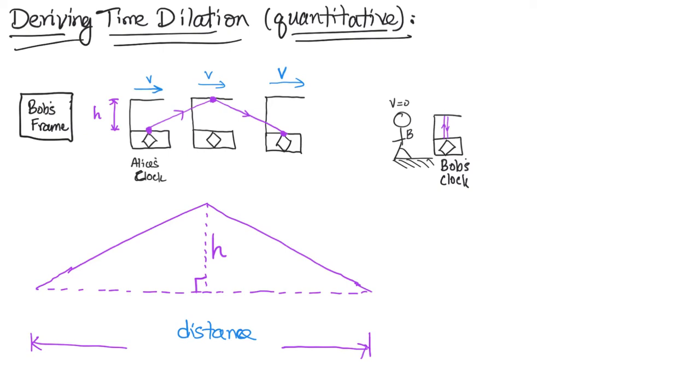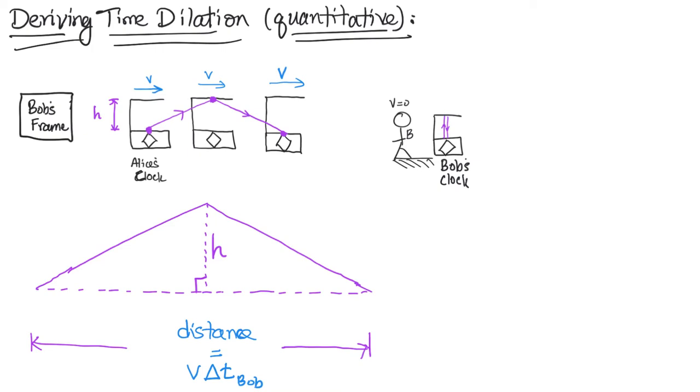So the speed is equal to v, that's the speed that the clock is moving. Right? And then the elapsed time is delta t, but we have to be careful. Is it delta t Alice or is it delta t Bob? Well, remember, we're in Bob's frame. So the elapsed time in Bob's frame is always going to be the time ticked off on a clock that's at rest in the frame. So this is going to be delta t Bob. So delta t Bob, remember, is the time measured by Bob's clock.